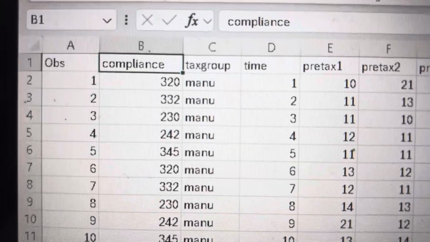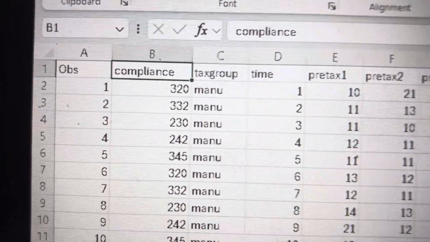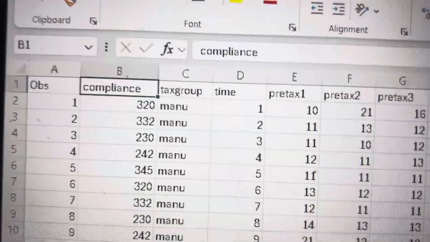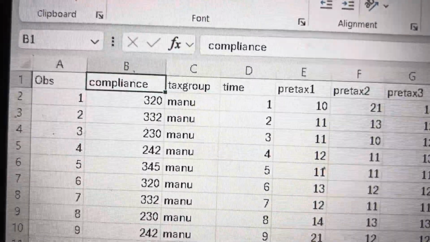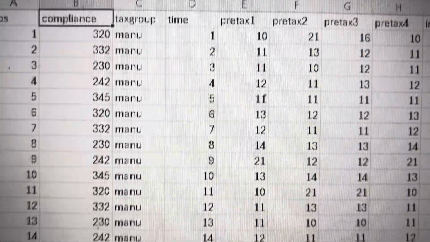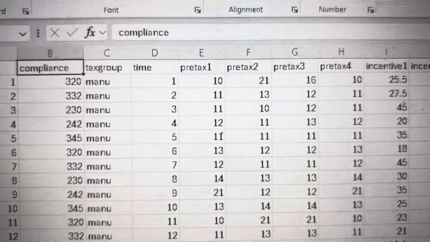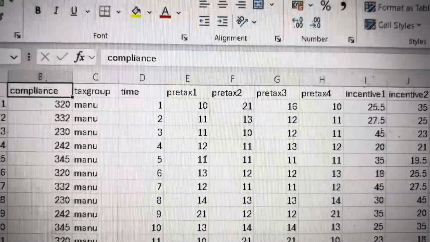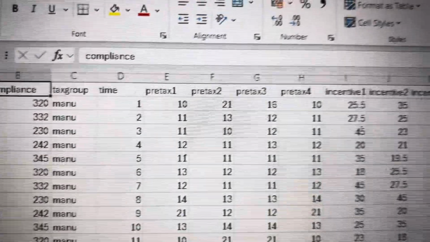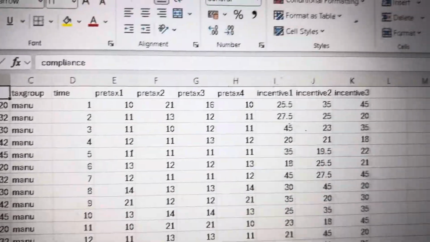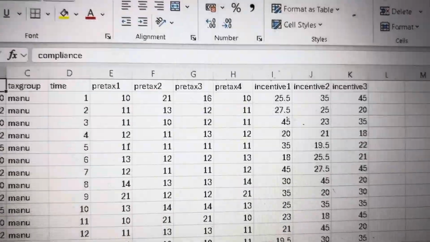So you can see this is the dependent variable. That is how they complied. This is the task group. This is the time. The time here has no effect in this one. And then the pre-tax 1 campaign value, the pre-tax 2 campaign value, pre-tax 3 campaign value, then pre-tax 4 campaign value. And then we are still going to do the incentives, but not now.